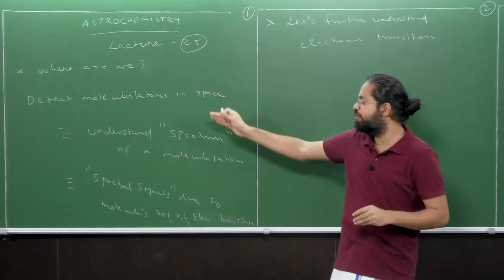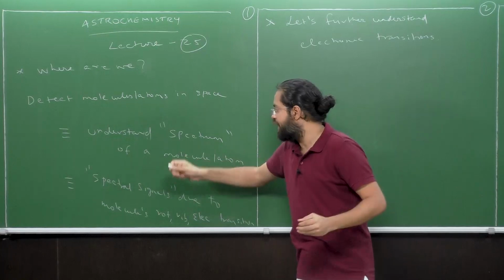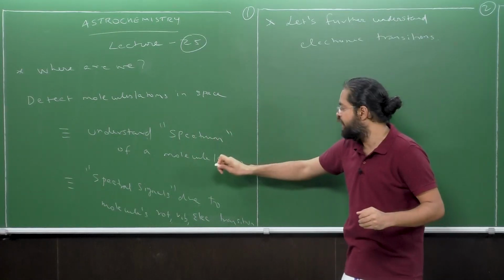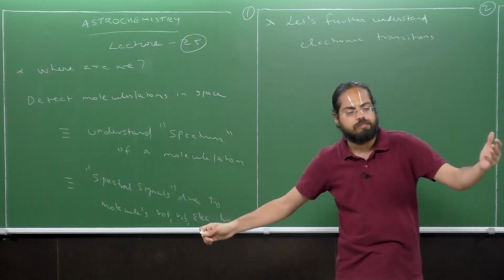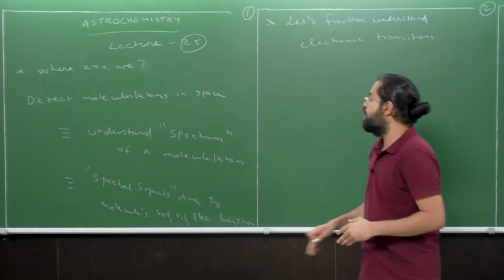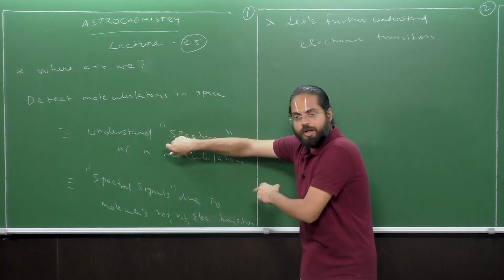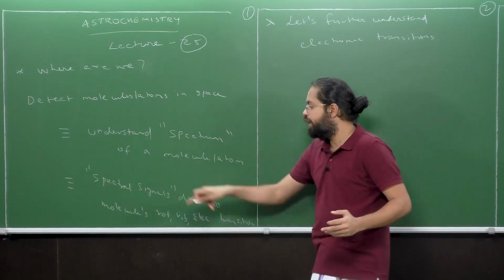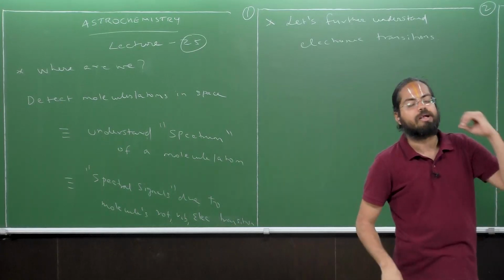As part of that, we need to understand the features of the spectrum and spectral signals of a molecule or an atom that is present on Earth. Now, to understand the various spectral features, we need to understand what causes the spectral signals.